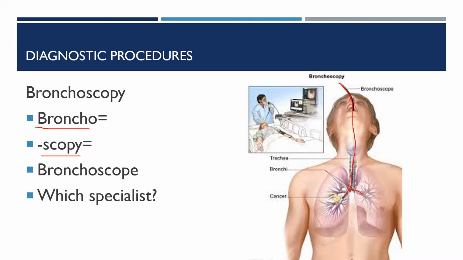So, question for you, which specialist that we talked about on the first slide would be the person who would perform this type of procedure? If you guessed pulmonologist, you would be correct because we're going down into the lower respiratory system and looking at the lungs.